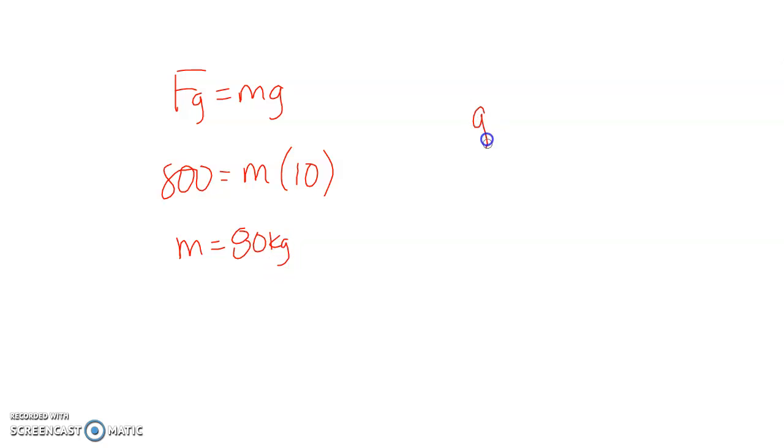But we want to know the gravitational field strength of a planet that is double the mass and double the radius. If it's double the mass, that's going to be double the g. But if it's double the radius, that becomes 4r squared, so it's divided by 4. So that's 1/2 g.